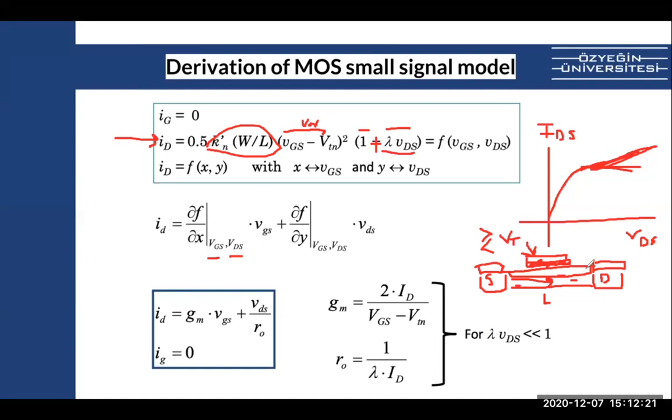And when VDS is smaller than VGS minus VT, which region are we at?